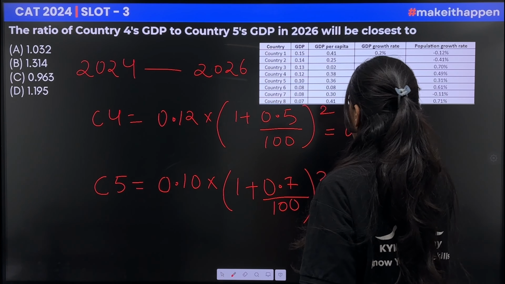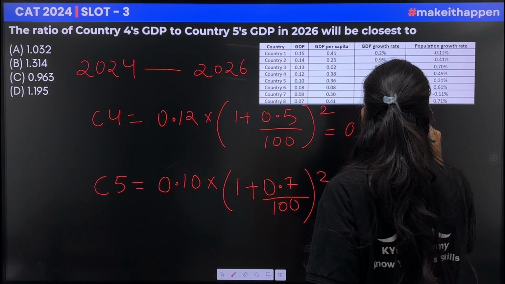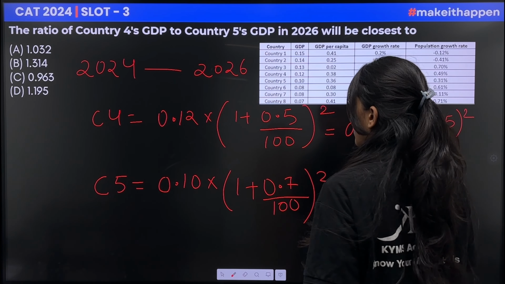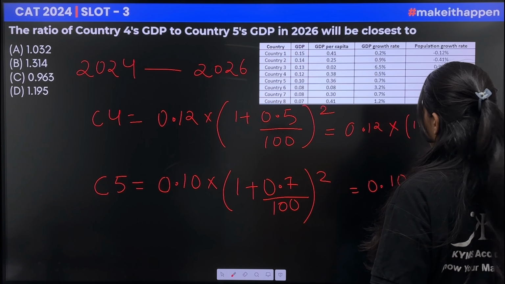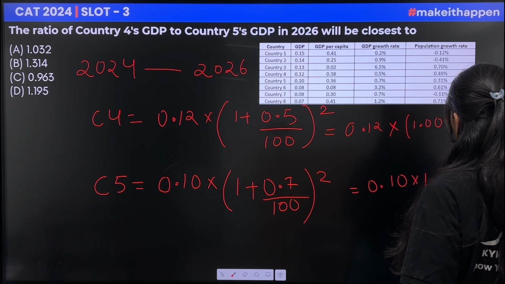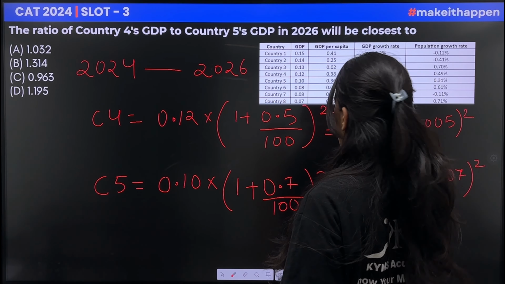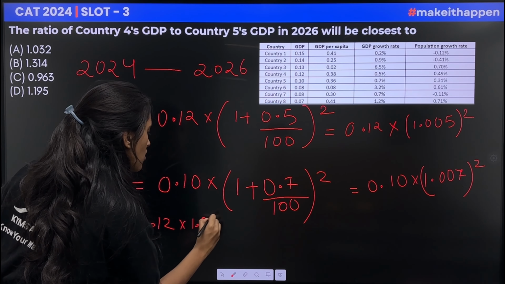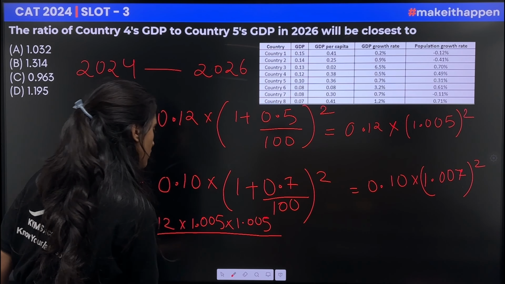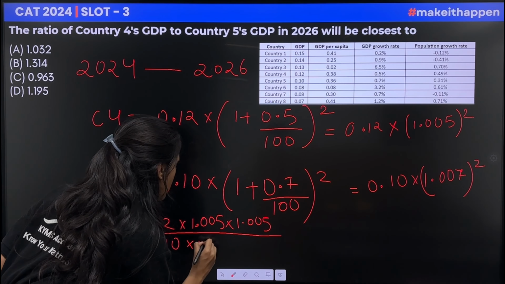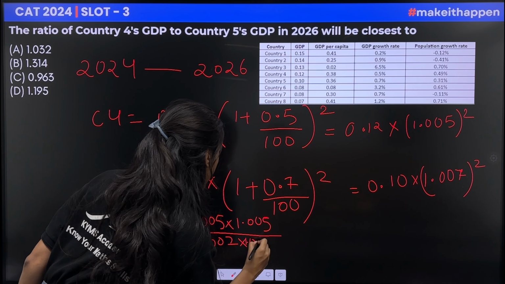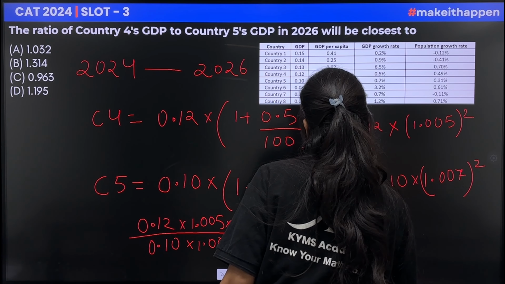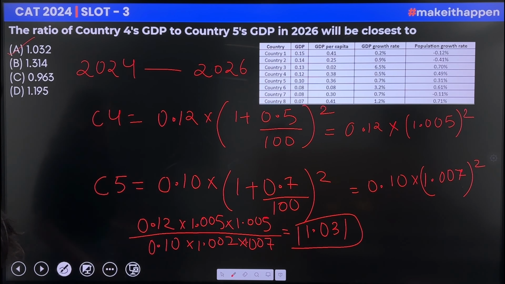If we solve this, this will give me 1.031 approximately. So option A will be my answer.